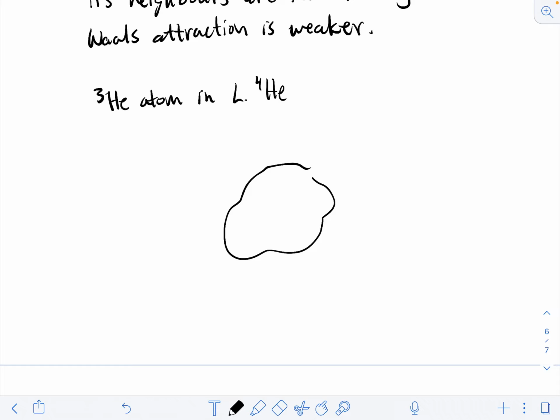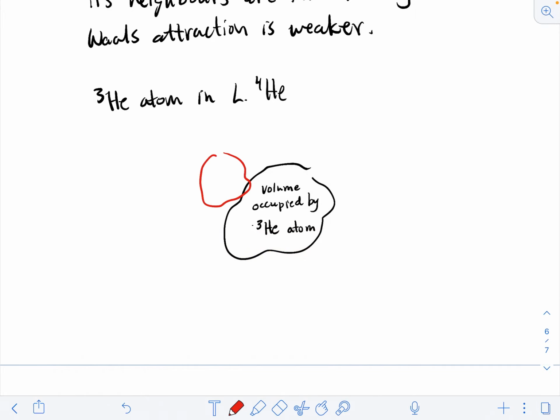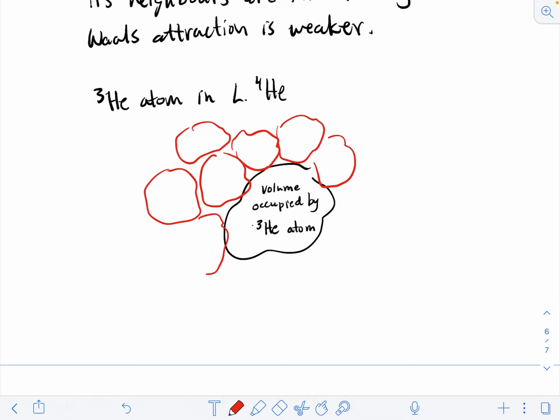This little bubble represents the volume occupied by a helium-3 atom. Surrounding that are the helium-4 atoms, and they occupy less volume because they have the lower zero-point energy. All these little bubbles represent the space occupied by helium-4 atoms.